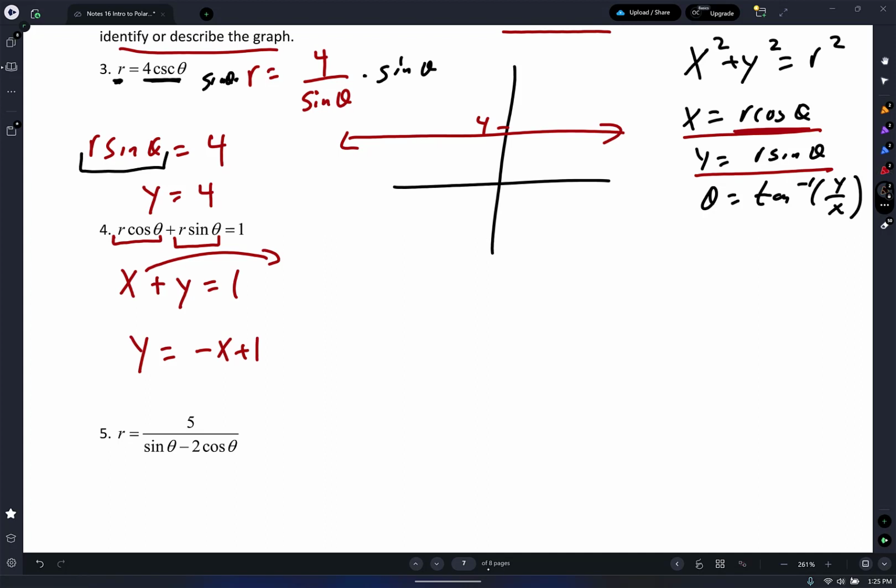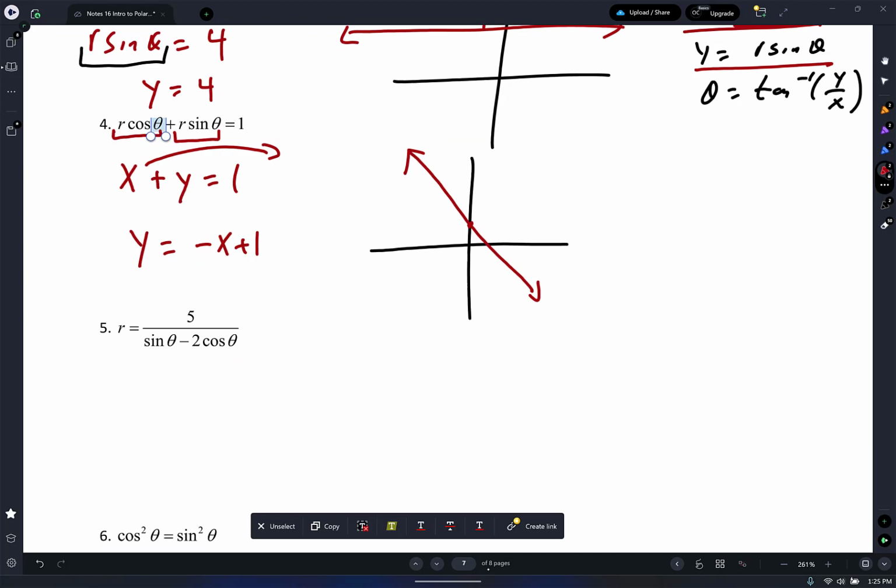So this looks like positive 1. It's just a linear line with a slope of negative 1. Cool? Okay, next one.